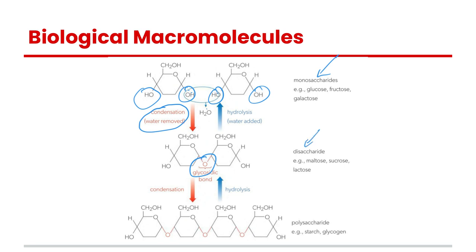And so if we just join two together, that's a disaccharide. But if we join more together, then this is known as a polysaccharide. And then we can break down those polysaccharides by reacting it with water and going backwards. So we can go from a polysaccharide back to a disaccharide, back to monosaccharides as well.